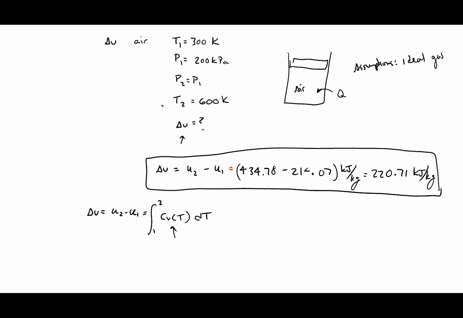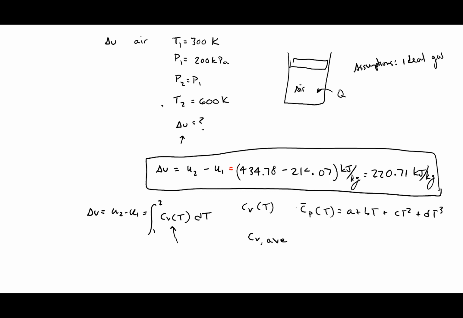We can get the polynomial by looking at table A-2B, where C sub P of T is equal to A plus BT plus CT squared plus DT cubed. The other way is to assume that we can use the average specific heat, so we're going to use C sub V average.